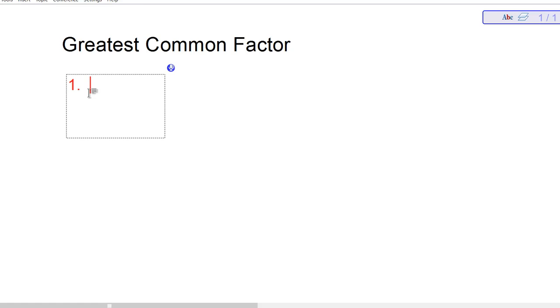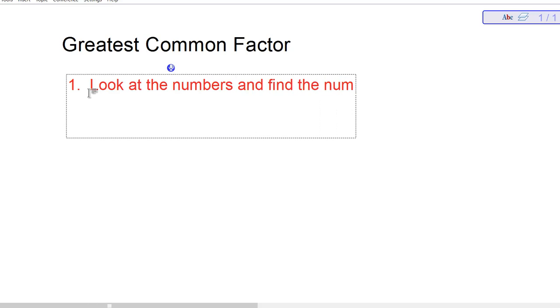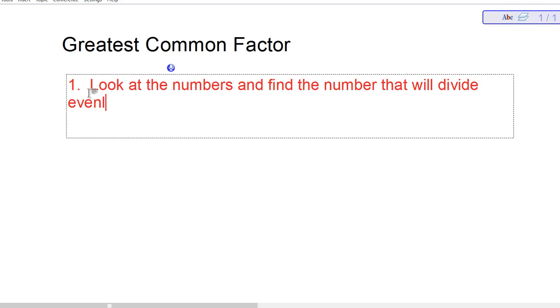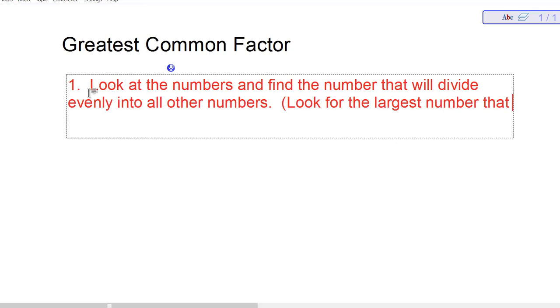So the first thing that we want to do is look at the numbers and find the number that will divide evenly into all other numbers. Hint here, look for the largest number that will divide evenly.